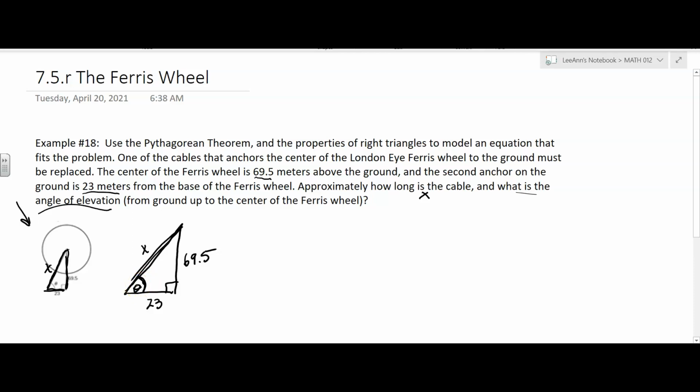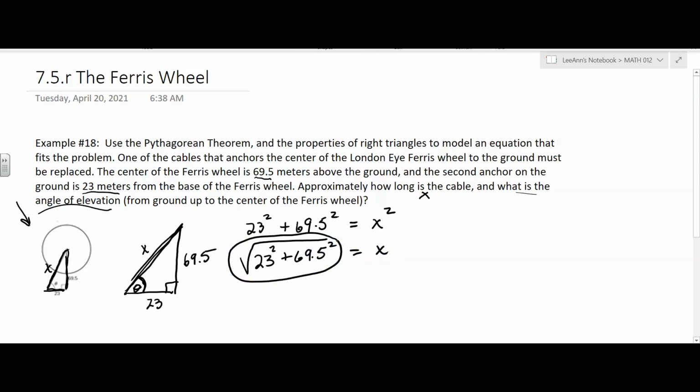To find X, we're going to use the Pythagorean theorem. So 23 squared plus 69.5 squared equals X squared, or the square root of 23 squared plus 69.5 squared equals X. You can put all this in your calculator at once. And so I did that earlier.